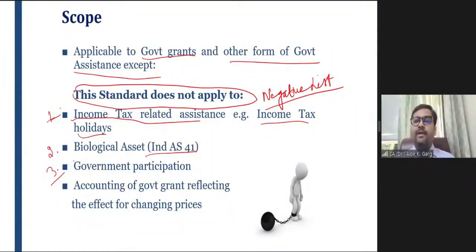Air India, the government is the owner. ONGC, BPCL, NTPC, Steel Authority of India Limited, MMTC, who are the owners? In the case of a public sector undertaking, the government is the owner. And if the government is the owner, the equity shareholder, and is giving some benefit to the company, it will not be considered a grant, it will be considered a deemed capital contribution.